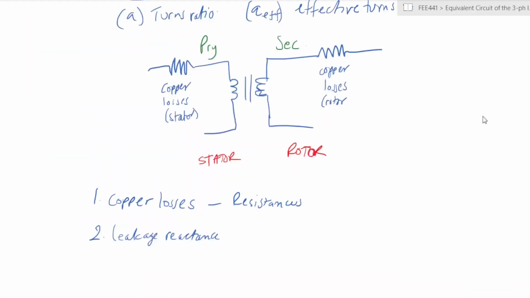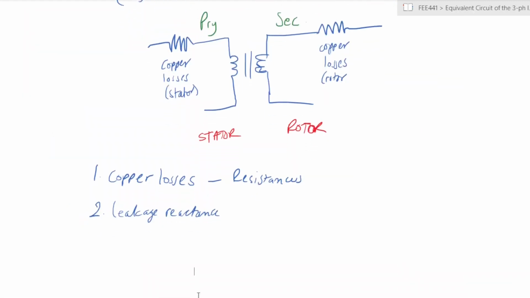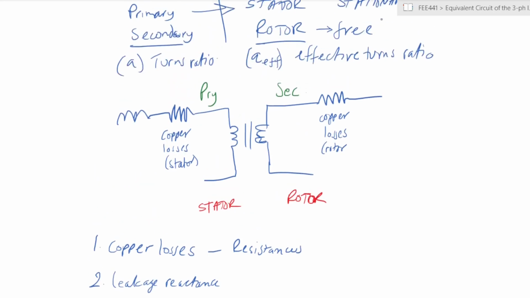So let's just go back to what we are writing here. In this case, we then have a leakage reactance, which is represented on both the stator and the rotor. So you have it here on the stator, and also you have it here on the rotor. So those are both there.